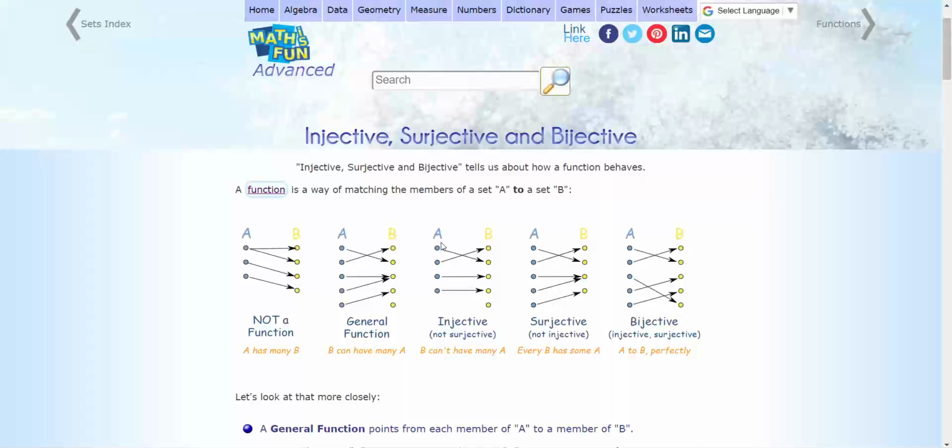Now, this is injective. This is surjective. B can't have many A. B can have many A. Okay. B can have many, so it is surjective, not injective. Bijective is injective and surjective together.